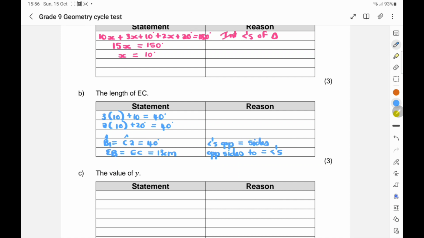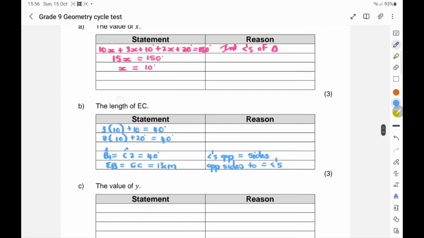It's either opposite sides to equal angles or angles opposite equal sides. So that one is when we've got, this is given that those two will be the same, but then inversely, if we get the two angles the same, we know that the two sides there will also be the same.